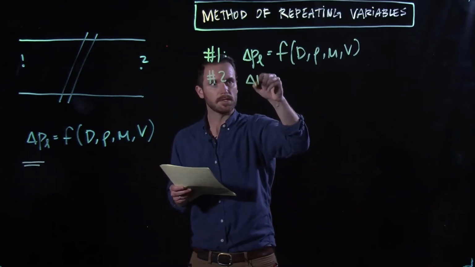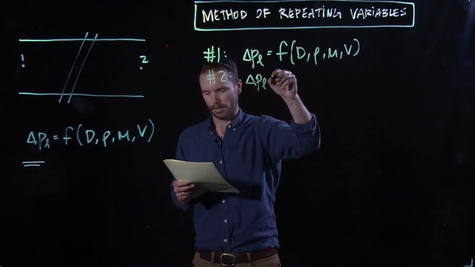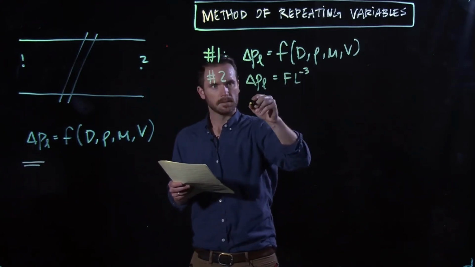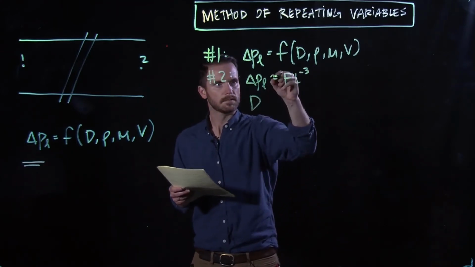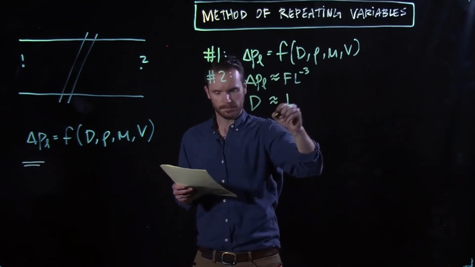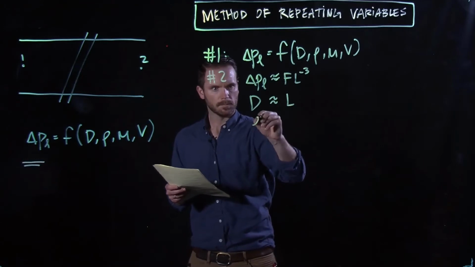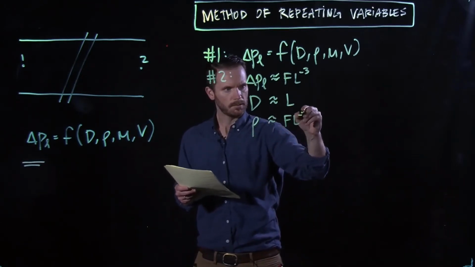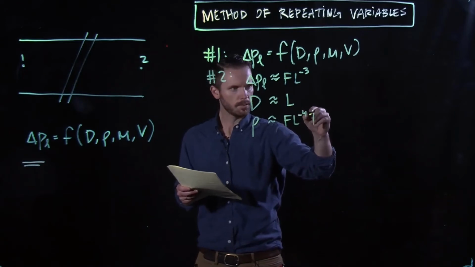So delta p, force per unit length cubed, that's F L^-3. D is L. Rho is F L^-4 T^2.